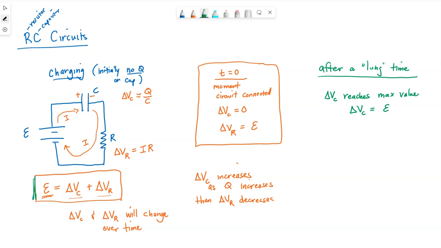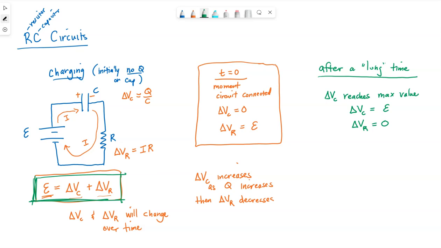Well, remember, the battery voltage has to add up to be the capacitor's voltage and resistor's voltage. If the capacitor has reached the battery voltage, then the resistor's voltage must be 0. Because if it wasn't, they would add up to be something different than the battery voltage.